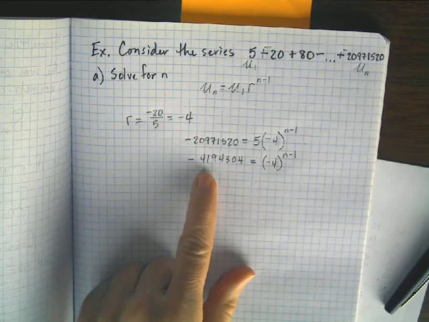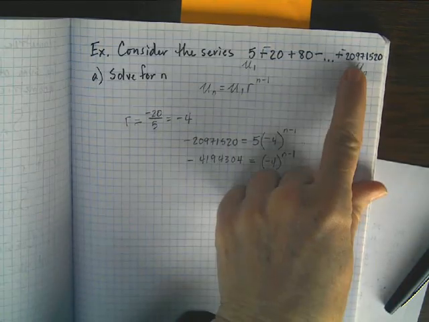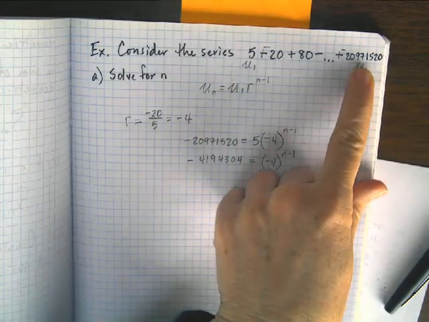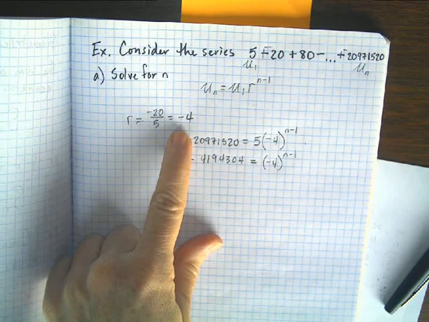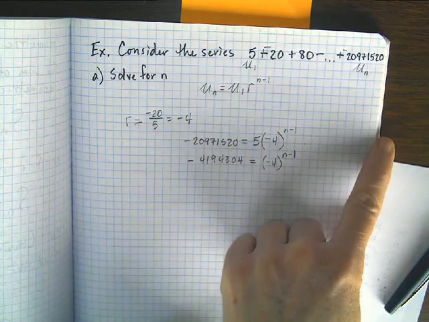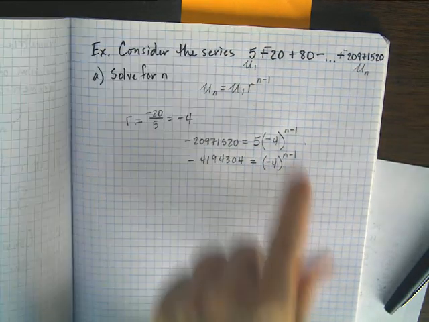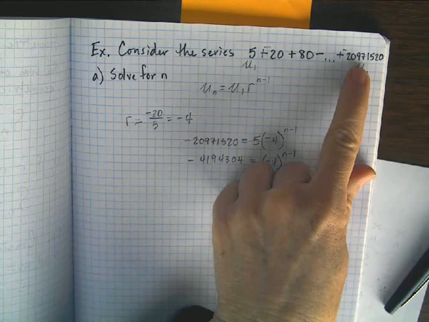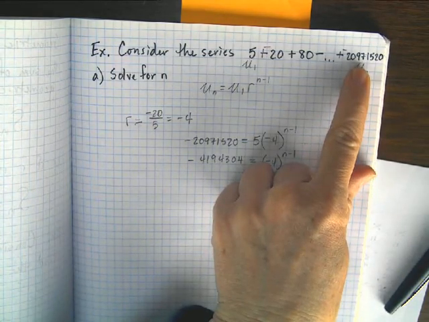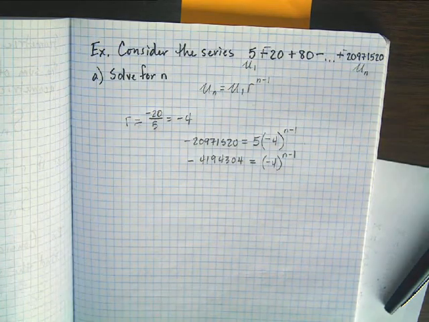So I'm just going to ignore the negatives right now, because the fact that this is negative really doesn't matter, because multiplying by negative 4 only flip-flops the signs. If r had been positive 4, we still would have gotten this number, it just would have been positive. So I'm going to ignore these negatives because I cannot take the logarithm of a negative number.